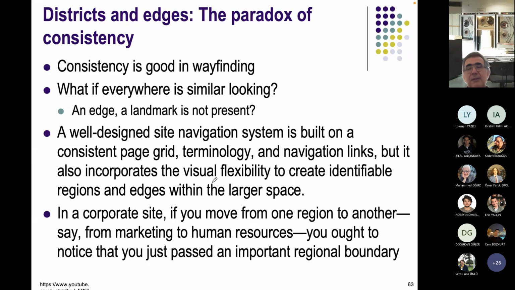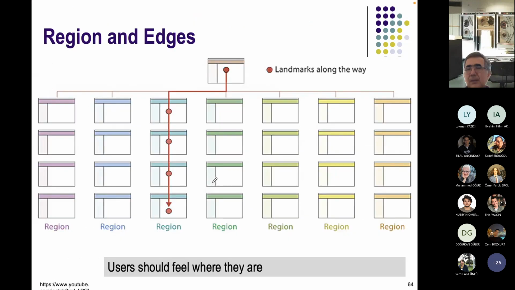You remember when you come a second time, such as this. Different regions, and there are landmarks. Colors are different, so there are some differences, but also similarities. These similarities keep the user with the same feeling that they are in the same website, but some differences so that they will remember the region.